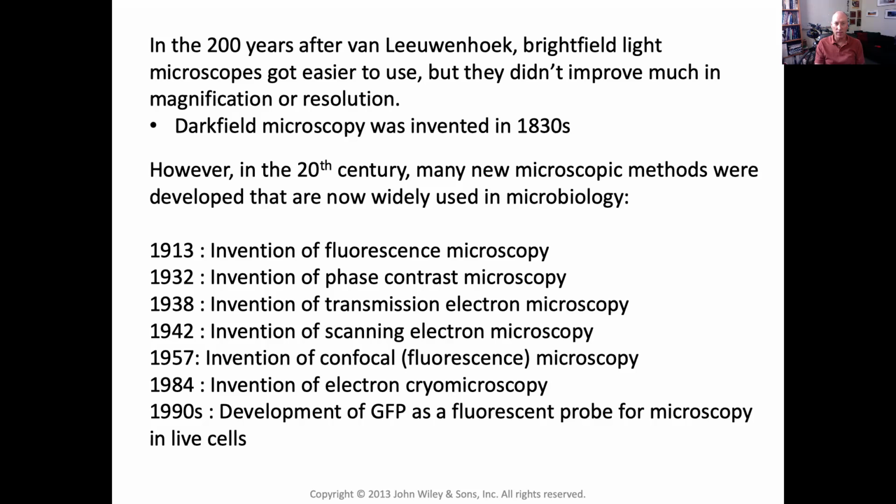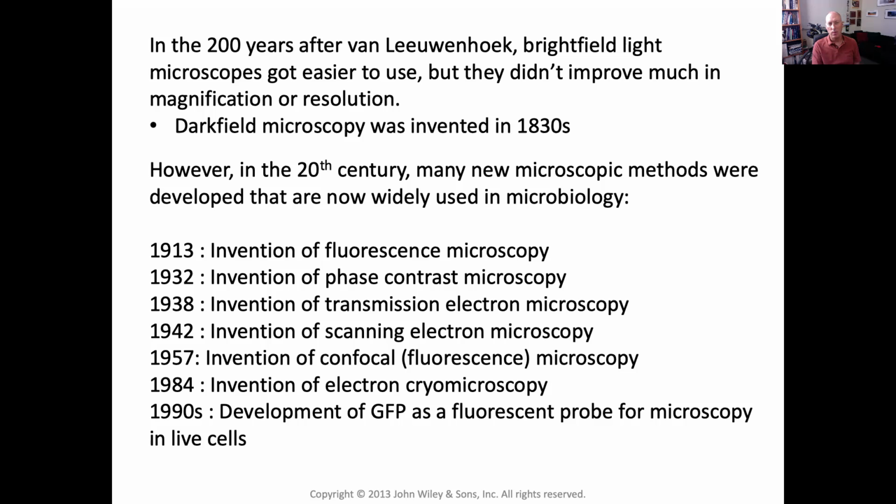And if you're wondering what resolution is, first I want you to read Appendix B in your textbook, and I also have a link to another great resource on microscopy on the lab worksheet for this week. But basically, resolution is how close together things can be and you can still tell that they're actually separate. You can think of it as the level of detail that you can see in your image.